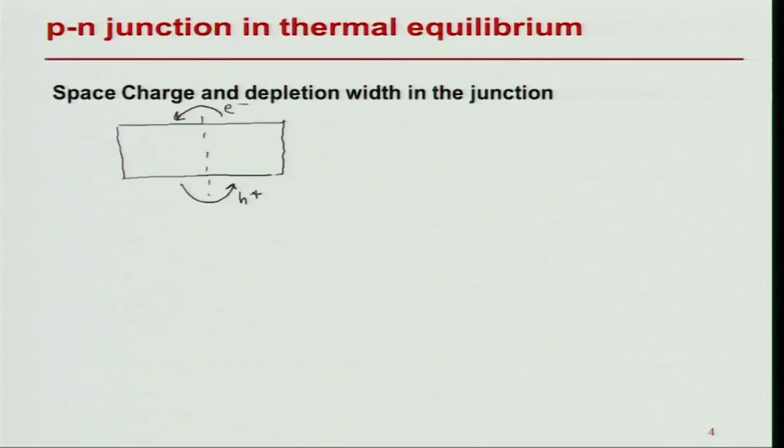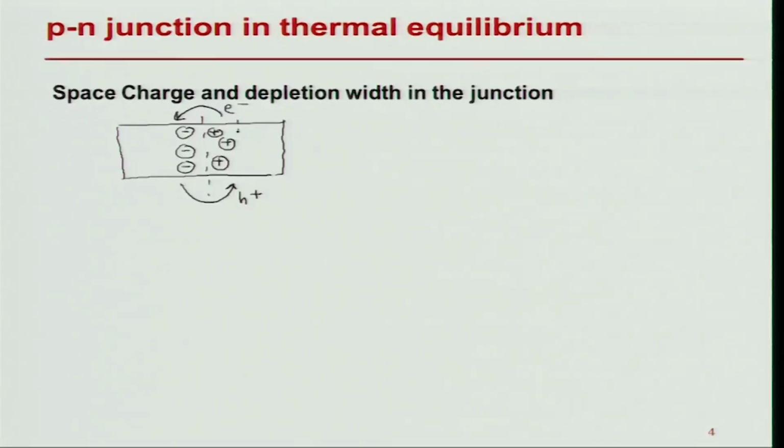If the electrons and holes are moving, it means a material which was neutral all along has left some positive dopants behind near the junction, and on this side the acceptors with the negative charge.